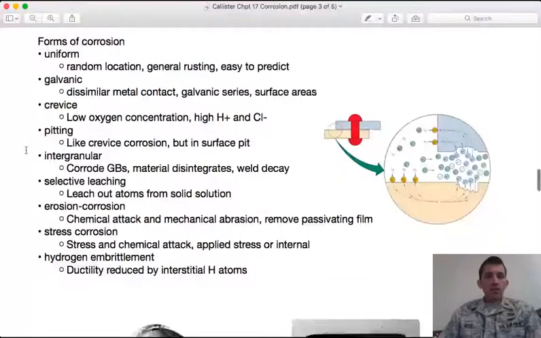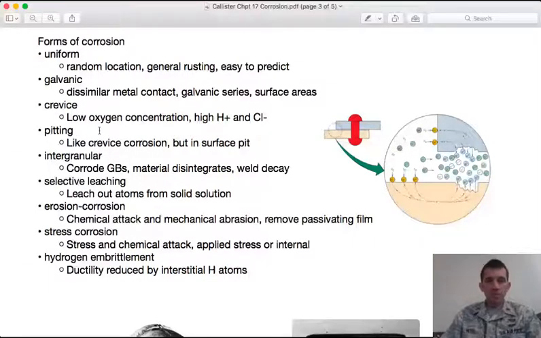You can also have corrosion happening in a very localized area, which, as we saw with fatigue and crack initiation, can be bad. If I have corrosion in a very specific area, it becomes an initiation site for a crack.